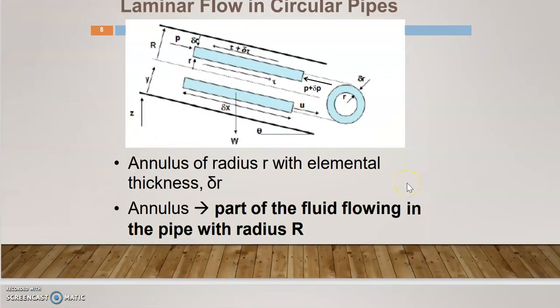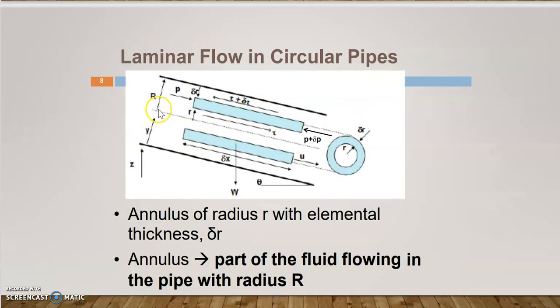This is the figure from the side view of the pipe, from point A to point B. We can see the radius of the pipe, capital letter R, and then this is the molecule whose velocity is being measured, labeled as small letter r.